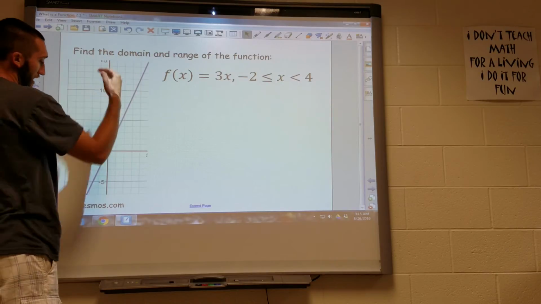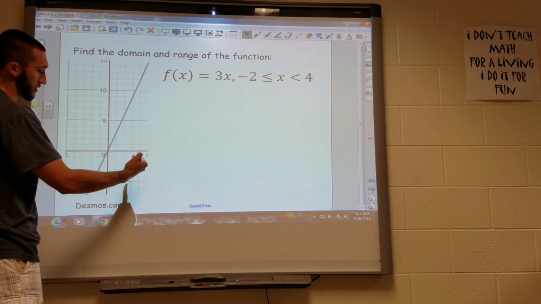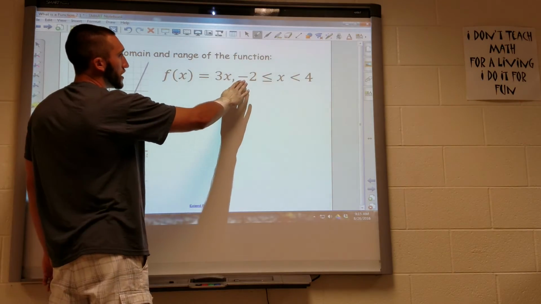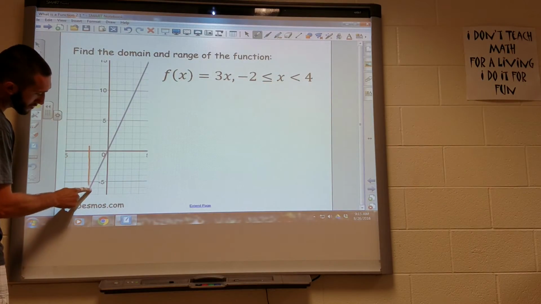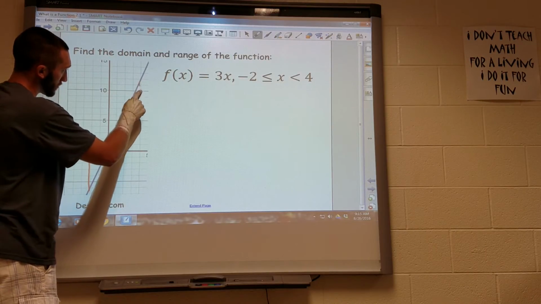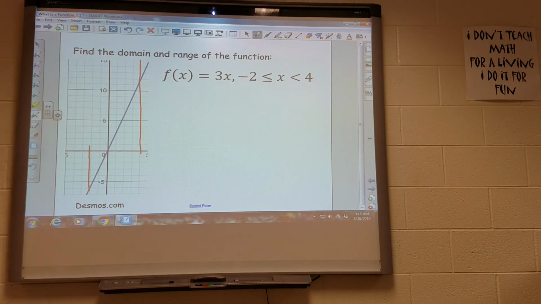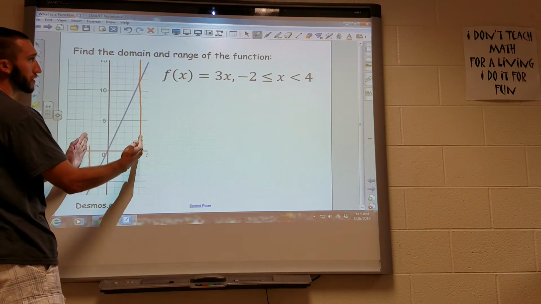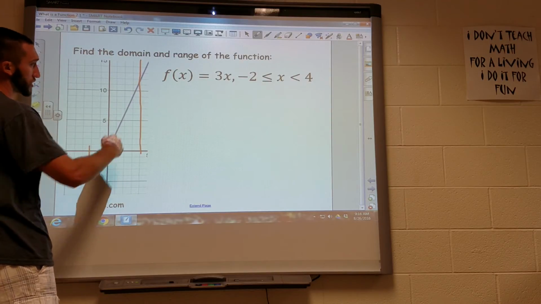So my domain is, what are my x values? So what are my x values on this graph? They only want it limited to -2 to 4. So -2 is right here, and 4 is 1, 2, 3, 4 right here. Okay, so from my x equaling -2 to 4, we can see that there's no interruption in my graph, right?